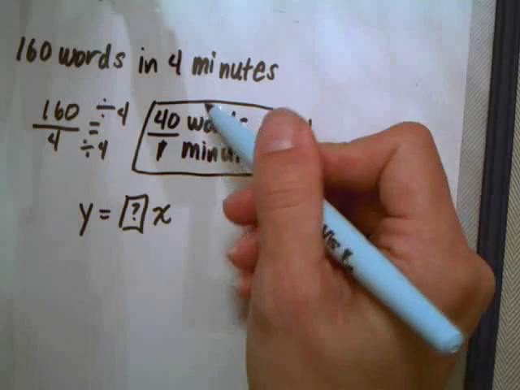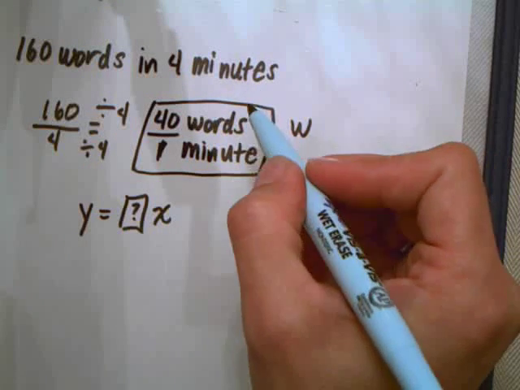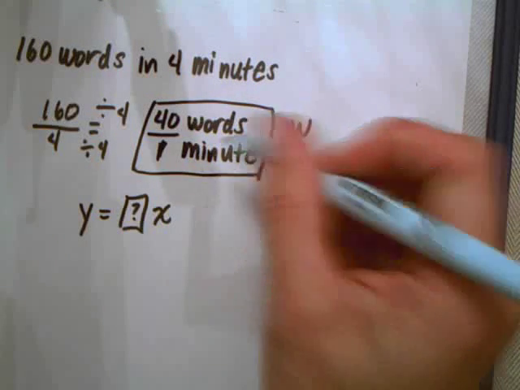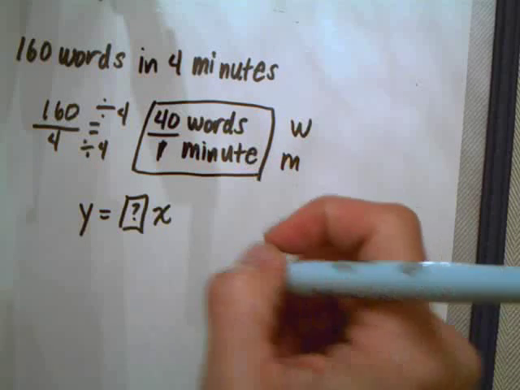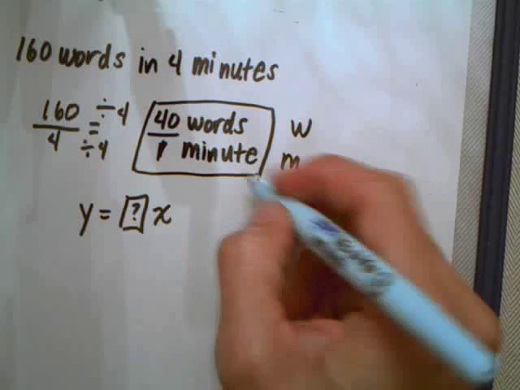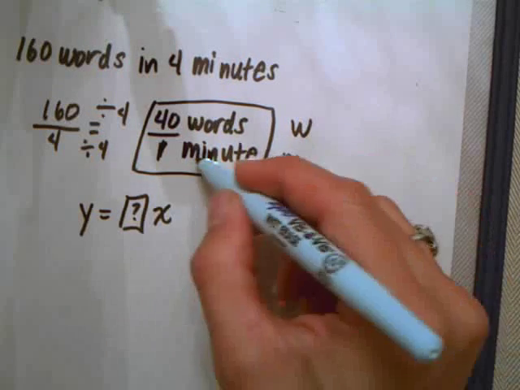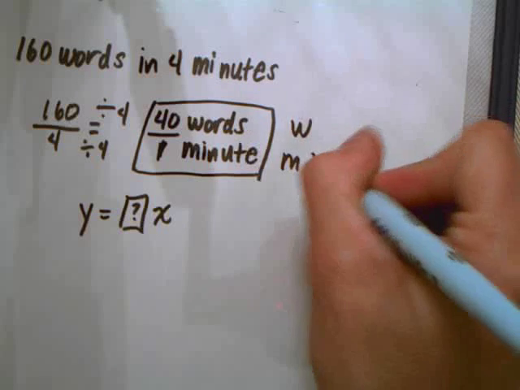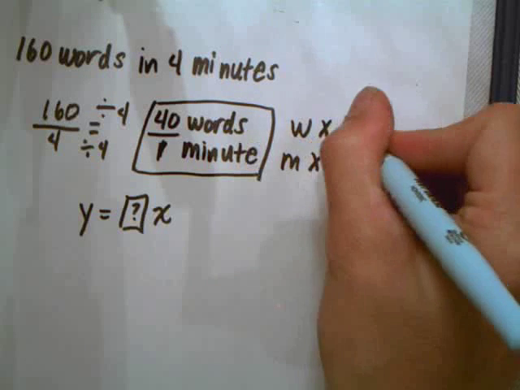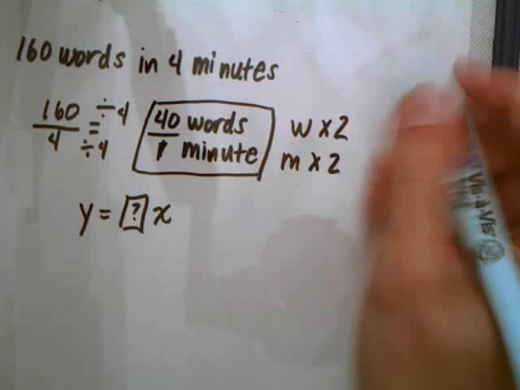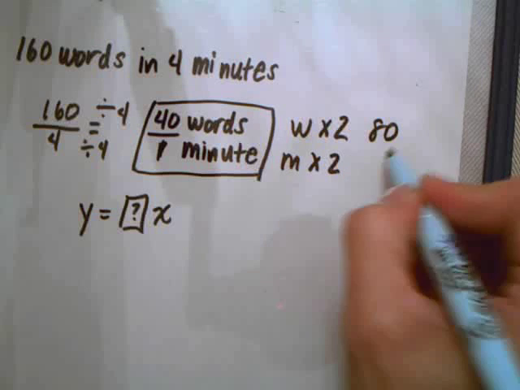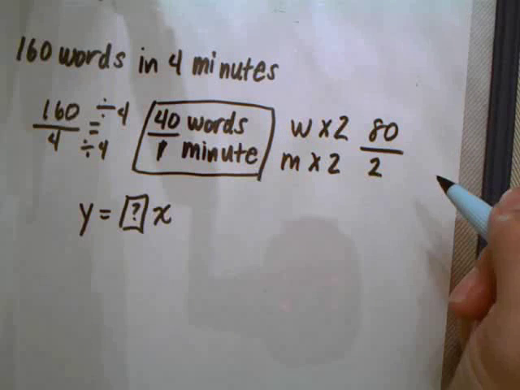Well, I've got to multiply both sides by 2. So I'm going to multiply M by 2 and the words by 2. When I do that, I'm going to get 80 words in 2 minutes.